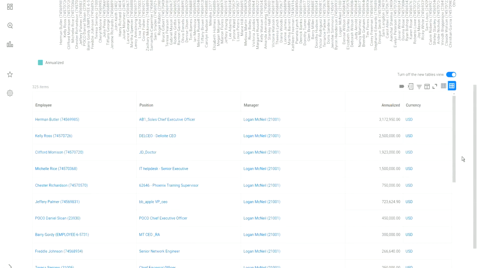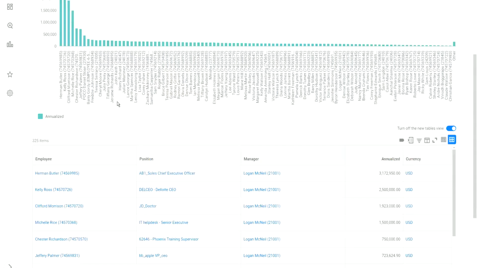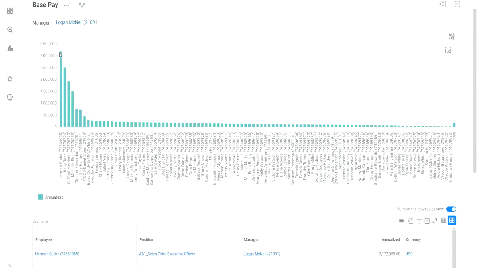Decreasing order. Correct. So it looks like, yeah, even in the chart, you see it is much more clear here. It is in decreasing order in terms of the annualized salary. So in a report output, we can do those kinds of sorting as well, right?